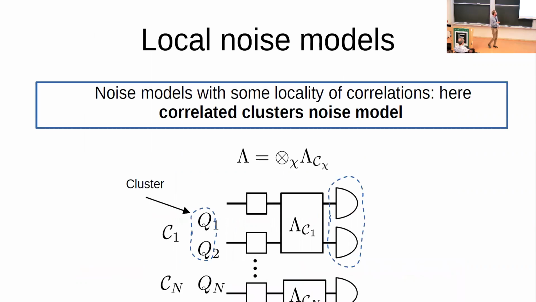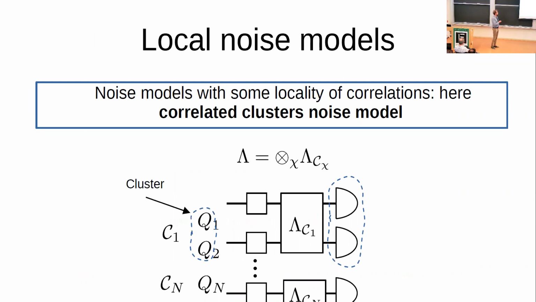So a candidate class of such models is the following. I will assume that there are some correlations in the readout noise, but maybe those correlations do not affect all the qubits simultaneously. So there will be some groups of qubits for which the readout process is correlated.